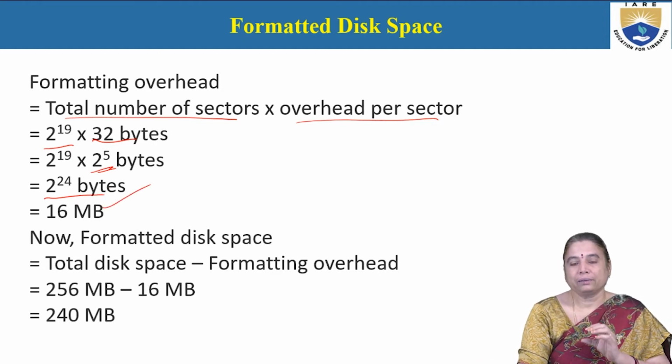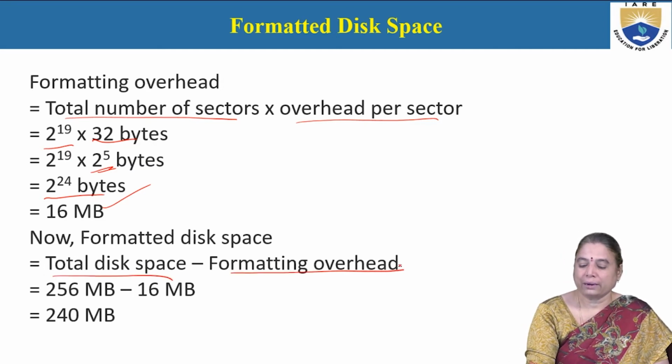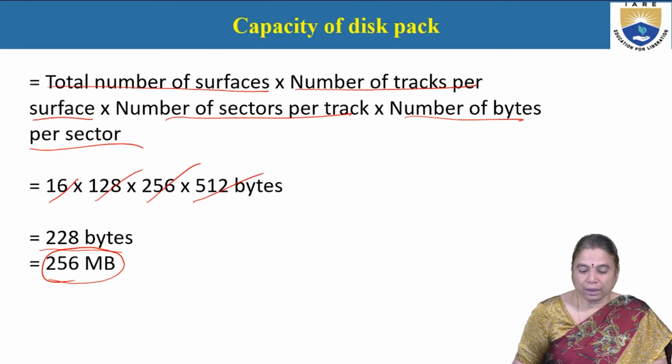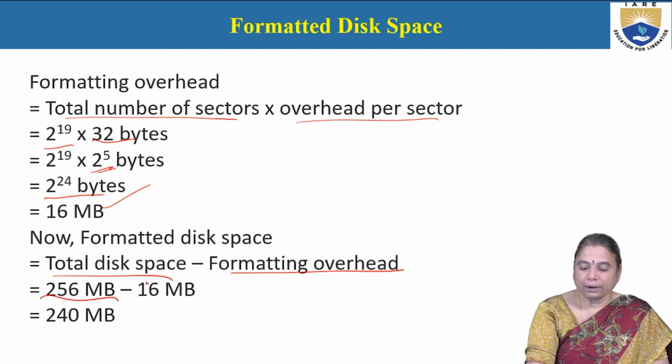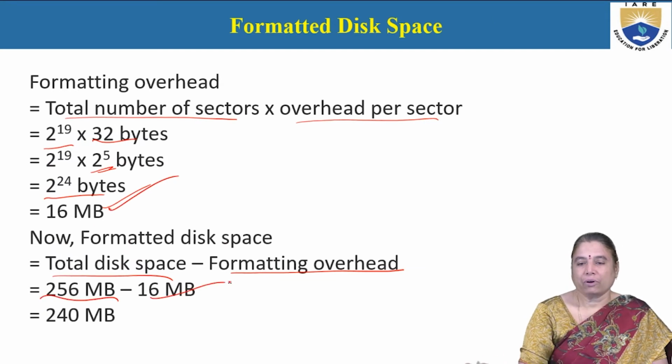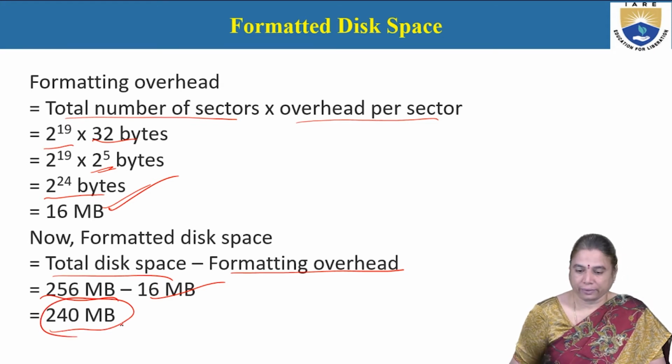Now, formatted disk space is total disk space minus the formatting overhead. The total disk space is 256 MB and 16 megabytes is the overhead. So, 240 MB is the formatted disk space.